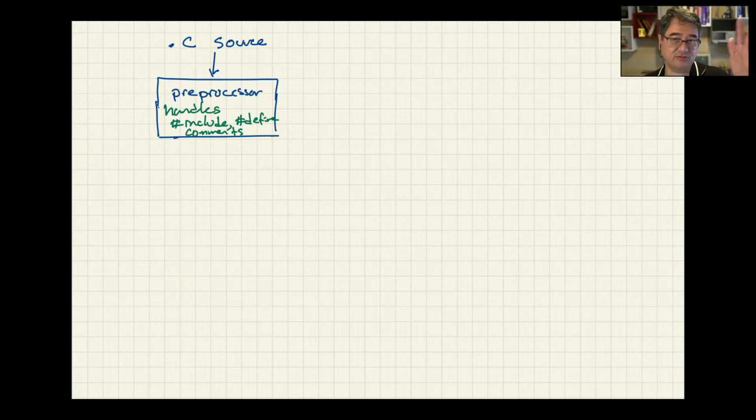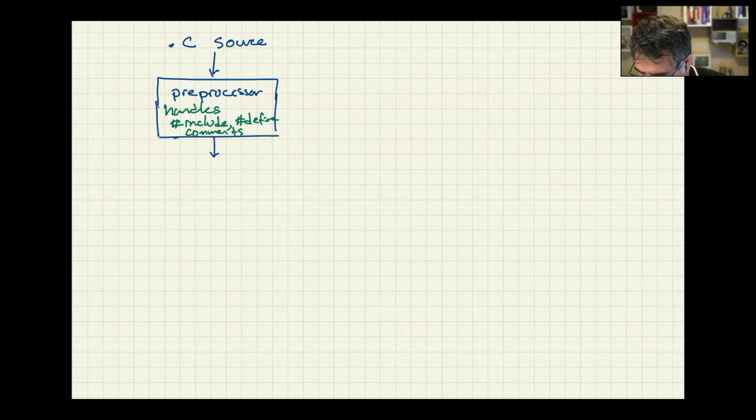Okay, so once it goes through the preprocessor, comments have been removed. The files that have been included have been copied and pasted right into the source code, and for the defines, it's gone through and found all the places where it needs to do a search and replace, and it's done that. So by the time it gets done with the preprocessor, all of the hash directives have been removed and executed, and the comments themselves have been stripped out.